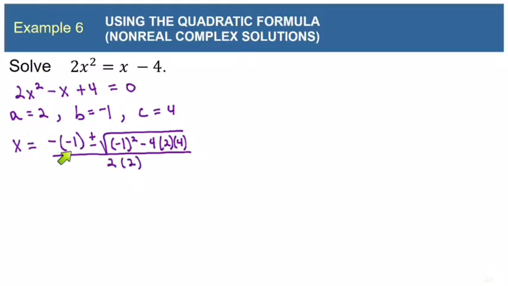Okay, now minus negative 1 makes positive 1. And under the radical, negative 1 squared becomes positive 1, and 4 times 2 times 4 is going to be 32. So we're going to have plus or minus 1 minus 32 all over 4.